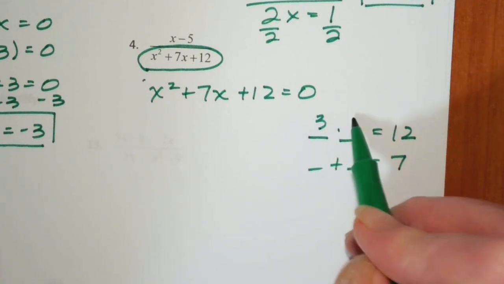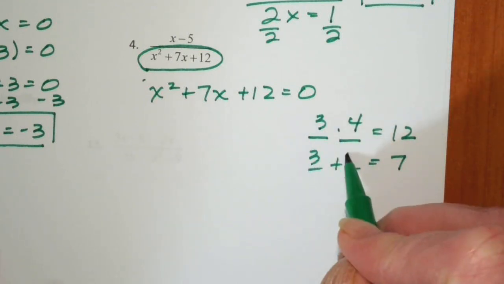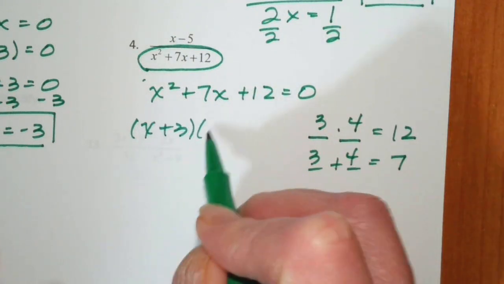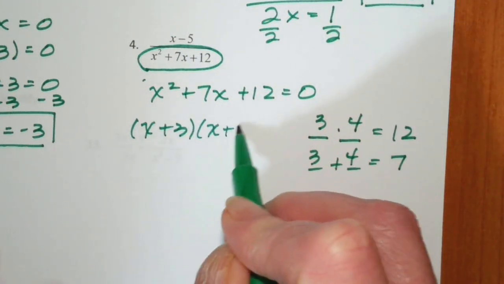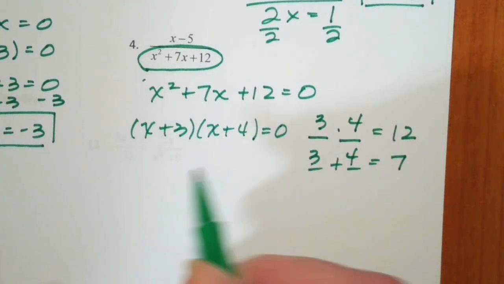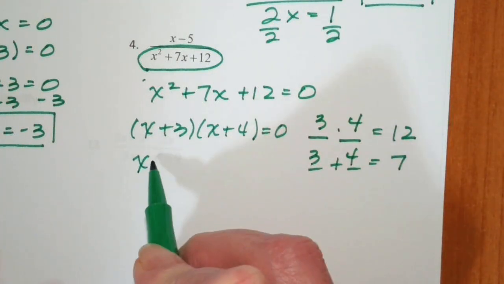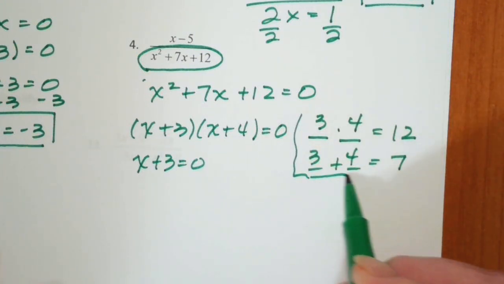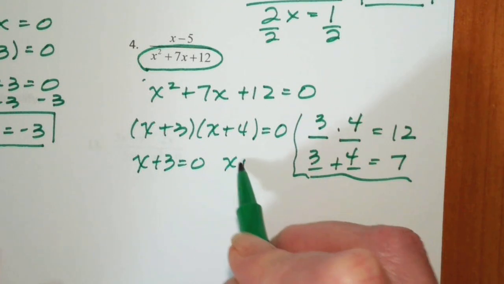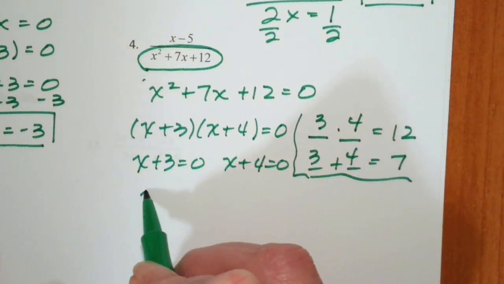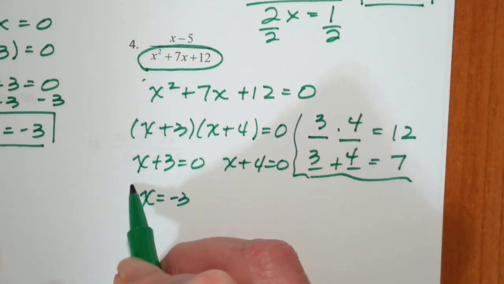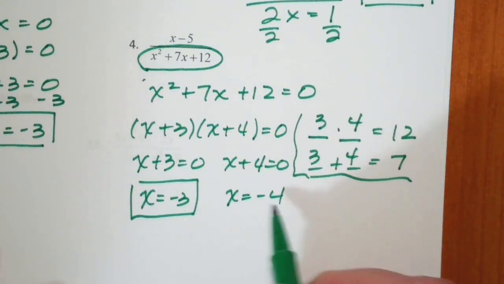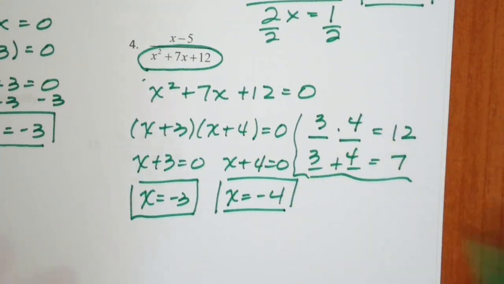And those numbers are 3 and 4. So this factors into x plus 3 times x plus 4 is equal to 0. So x plus 3 is 0, or x plus 4 is 0. So here x is -3. That makes the denominator 0. x is equal to -4. That makes the denominator 0.